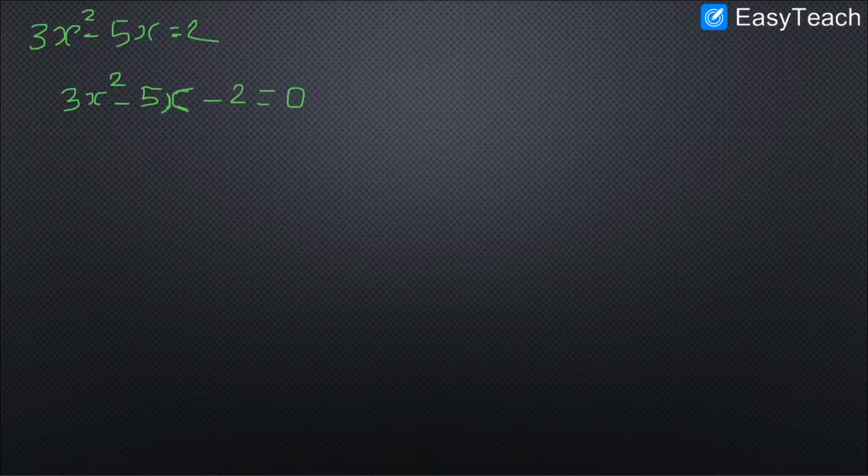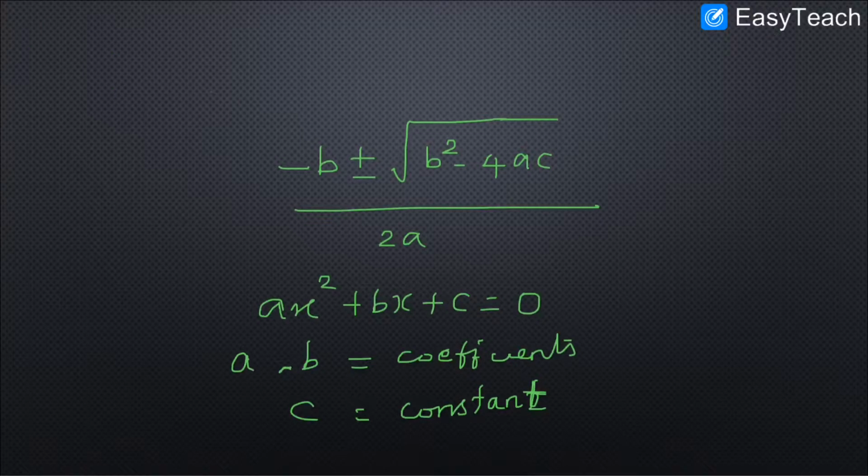Then only are we able to apply the formula. So look at the formula here. We have a, b, c. We all know what a, b and c are. You just put the appropriate values in the formula to find the solution, which is very easy, right?